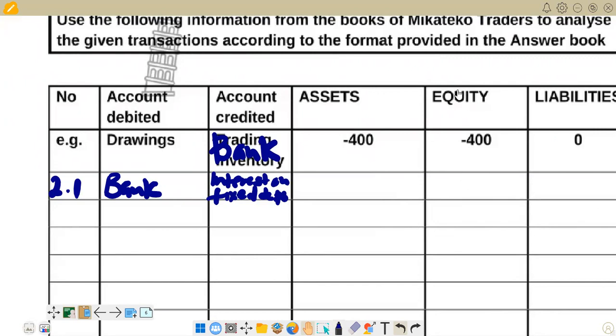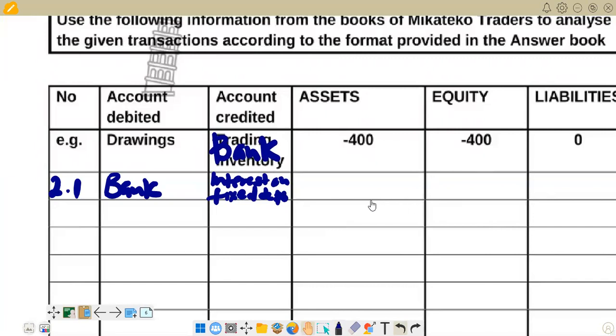When we make a net profit, it increases our equity. We add it to equity when it's net profit. But when it's net loss, we are going to see a reduction of equity to reduce the figure that we have for equity. So interest on fixed deposit affects net profit by increasing it. It increases the net profit as income. So when it increases the net profit, it means it's also going to increase our equity.